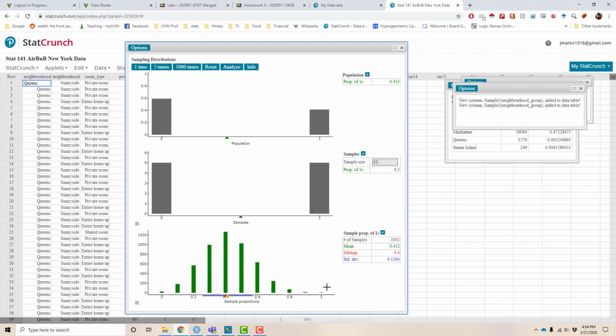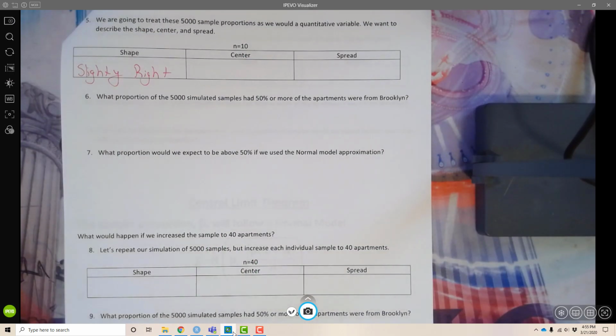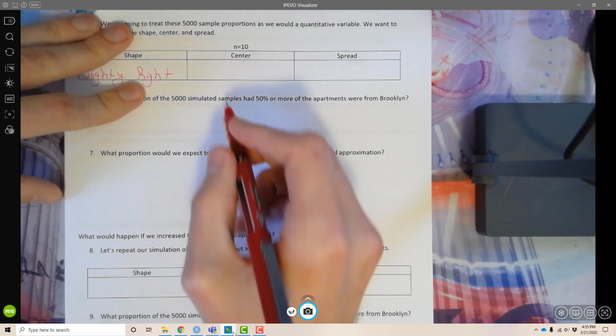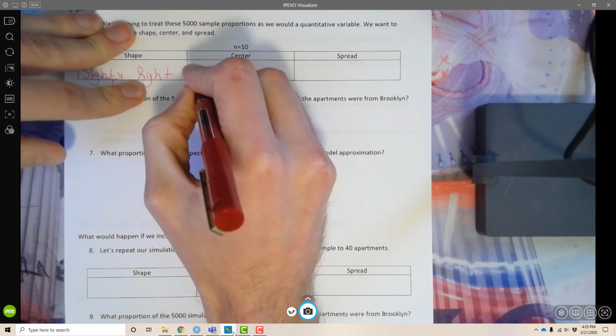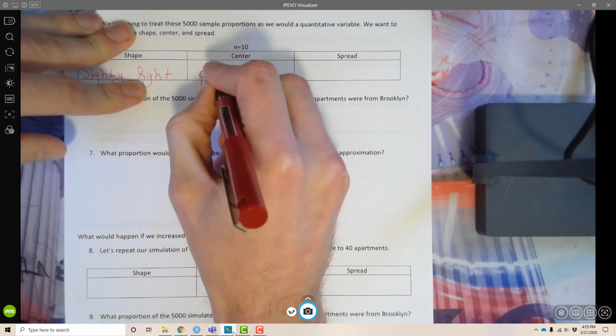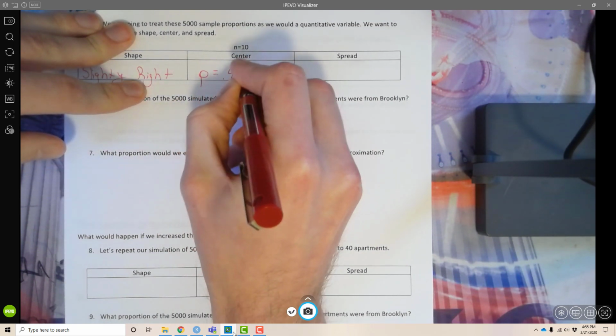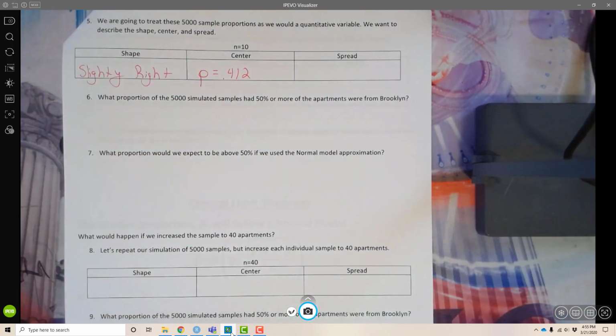But even though all of our sample proportions were wrong, if you combine them together, if you see how well they perform as a group, they give us exactly what we want, right at our population proportion of 41.3%. It's just very slightly off. So the average, or the center, of all of those sample proportions, of all 5,000 of them, is our population proportion of 0.412. And that's what it means to be unbiased.